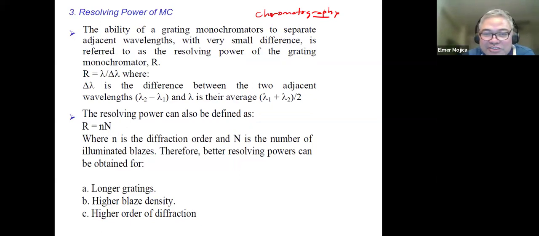In spectroscopy, it's the ability of grating monochromators to separate adjacent wavelengths with very small differences. The resolving power of the grating, or resolution, is wavelength over the change in wavelength, where the change in wavelength is the difference between the two adjacent wavelengths, and wavelength is the average.